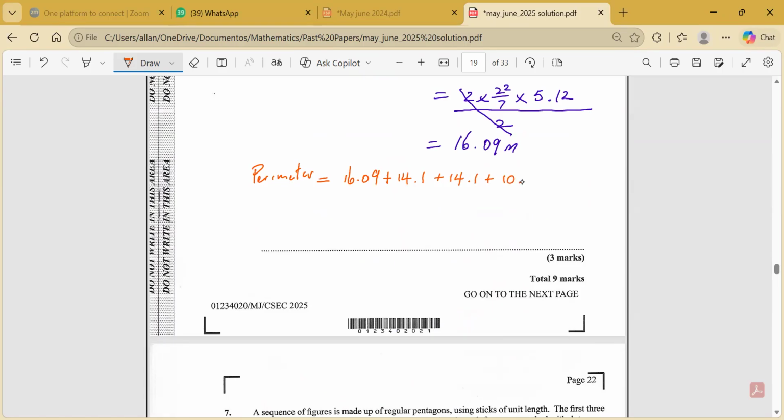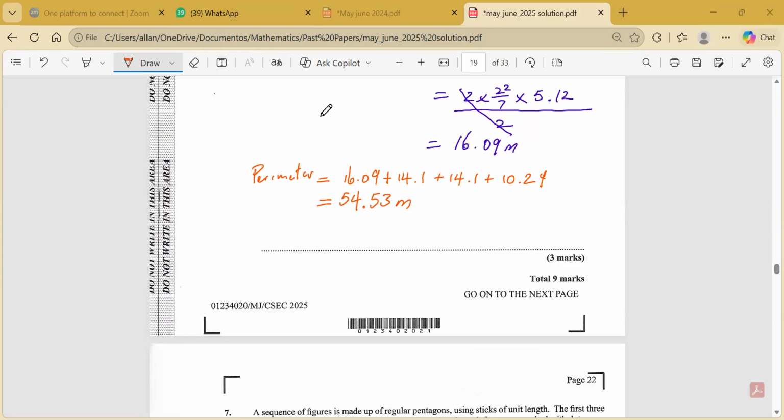The other one was 10.24. You're supposed to get something like 50. That's what you're supposed to get, Marcus.